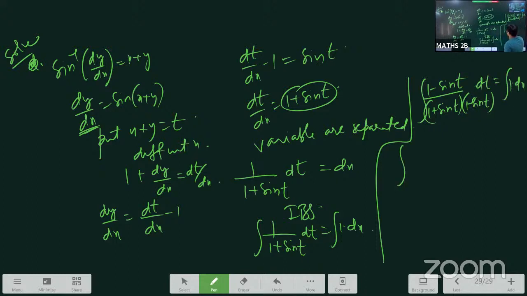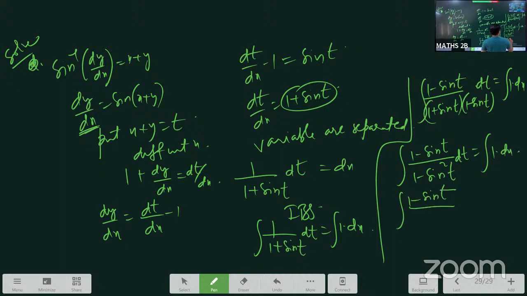Now, integration of (1 minus sine t) by (1 minus sine square t) dt, and integration of 1 dx. So 1 minus sine square is cos square t.